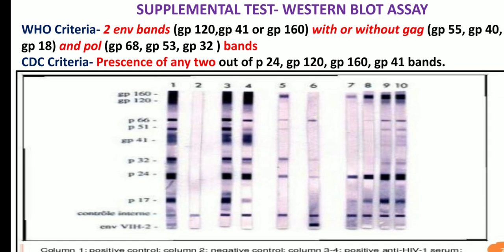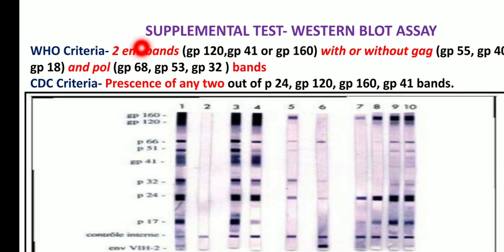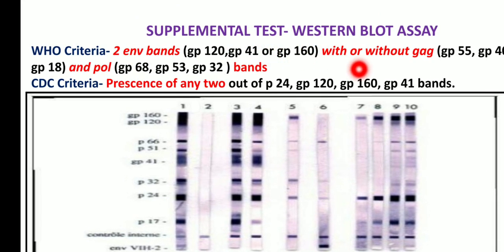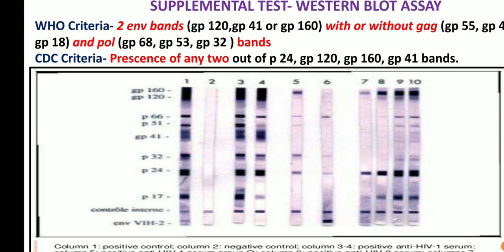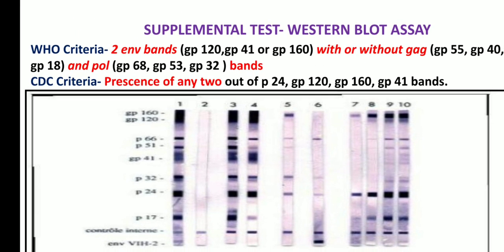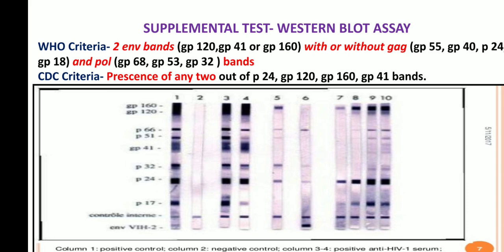So WHO criteria says 2 envelope bands should be present with or without GAG and POL bands. The GAG bands are GP55, P40, P24 and P18, and POL bands are GP68, P53 and GP32.